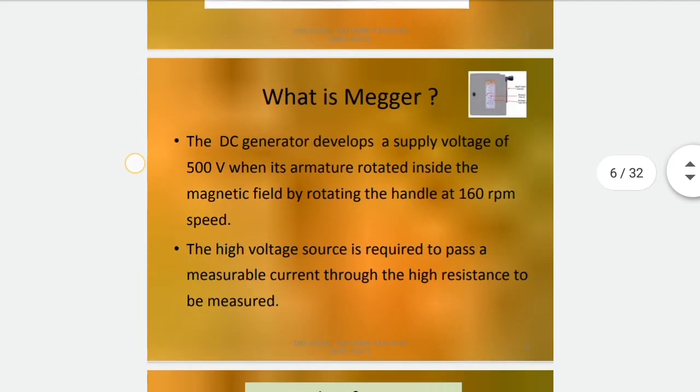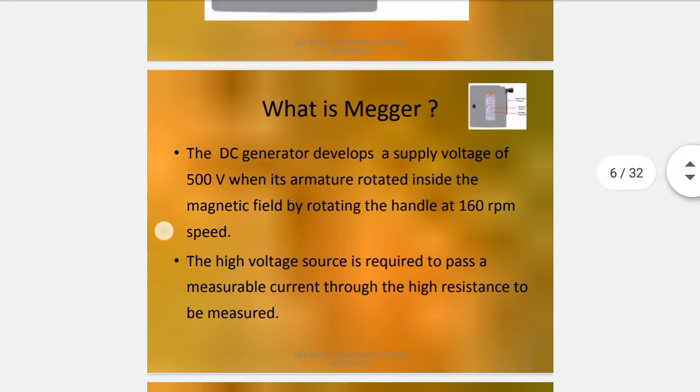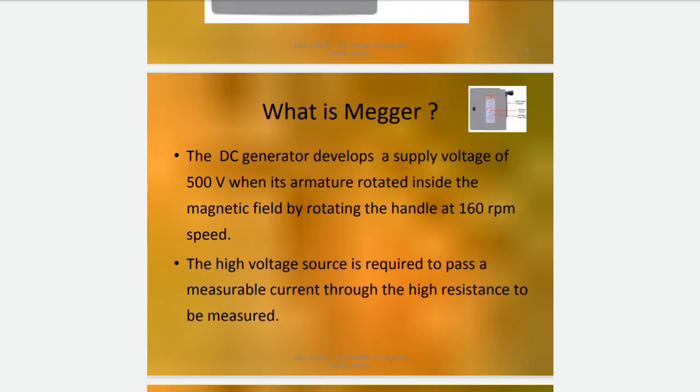The DC generator develops a supply voltage of 500 volts when its armature is rotated inside the magnetic field by rotating the handle at 160 rpm. RPM stands for revolutions per minute. The high voltage source is required to pass a measurable current through the high resistance to be measured.